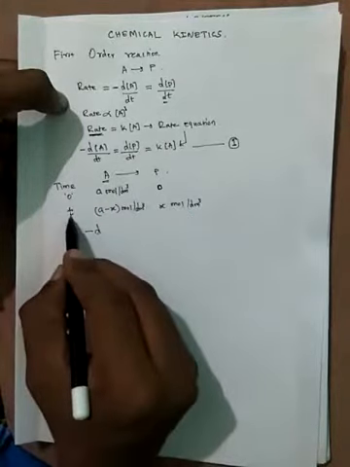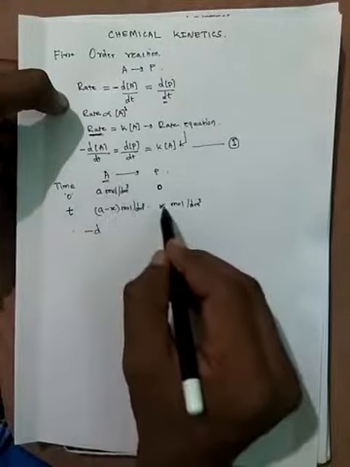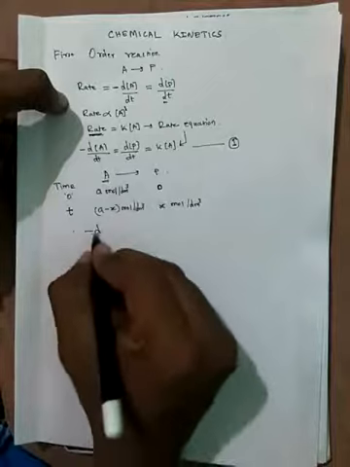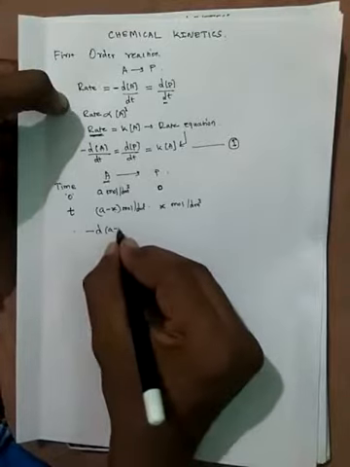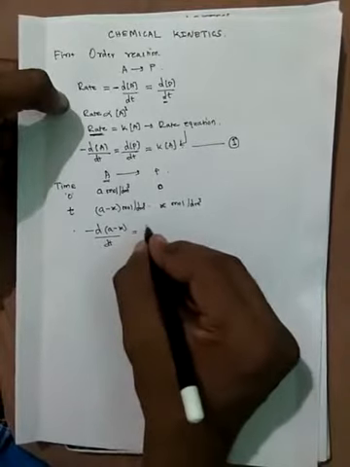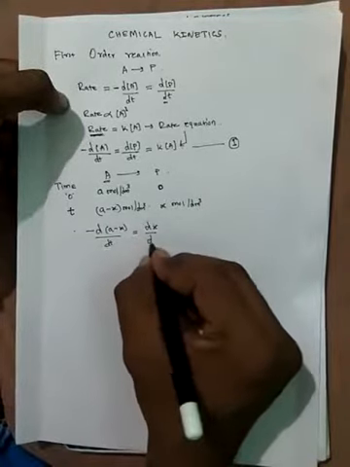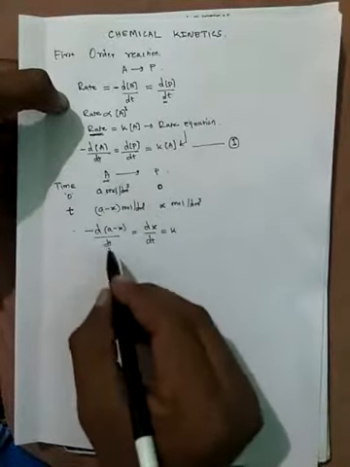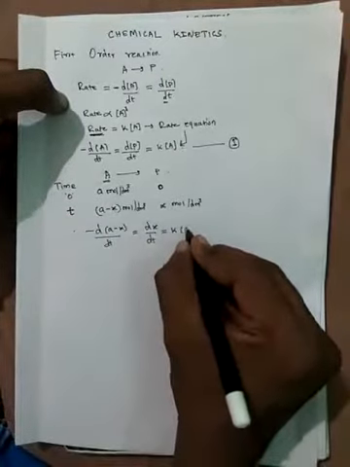That is, at time t, A minus X is the concentration of reactant and X is the concentration of product. So I'll write in terms of the first term: minus d(A minus X) by dt equals dx by dt equals K times the concentration of A at time t, which is A minus X. Therefore, K into (A minus X).